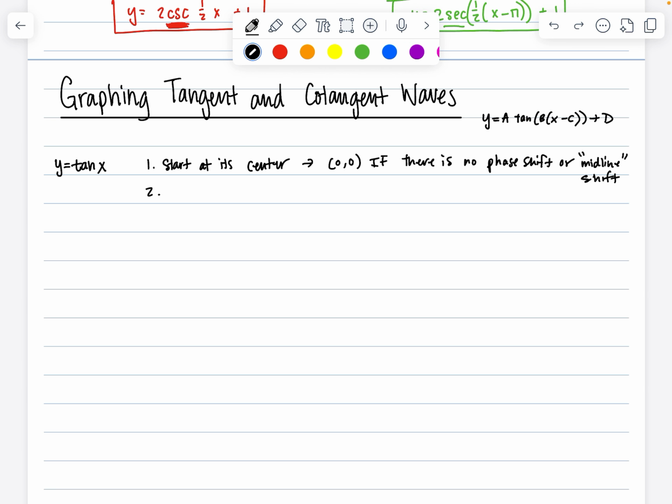The A value and the B value are stretching and compressing it vertically and horizontally from its center.